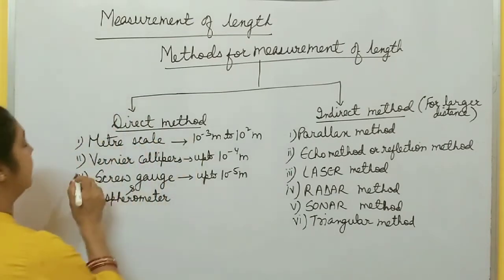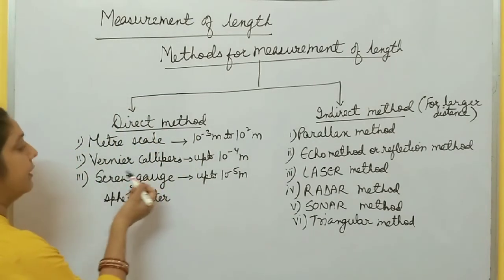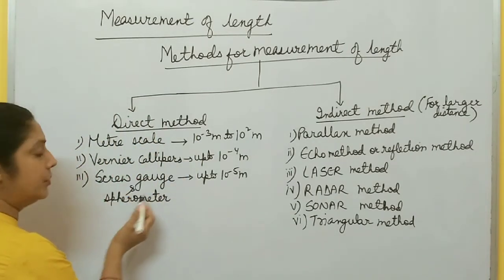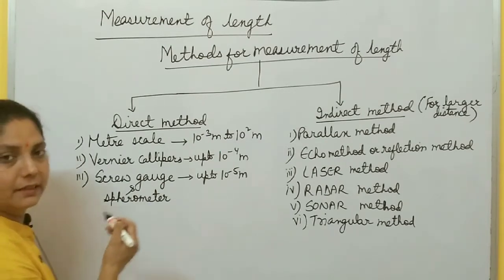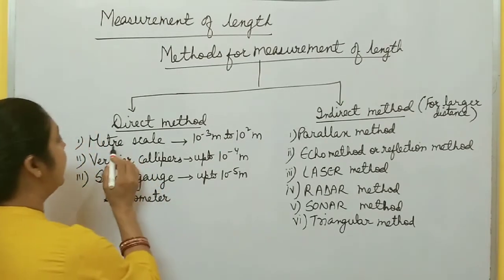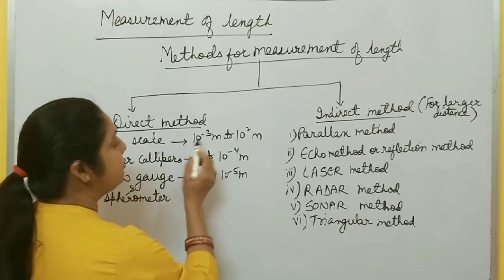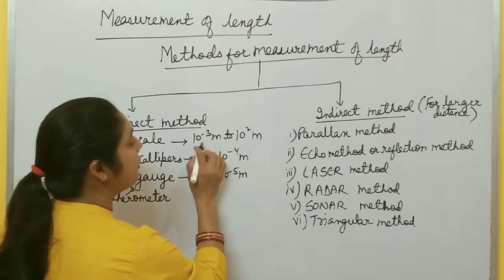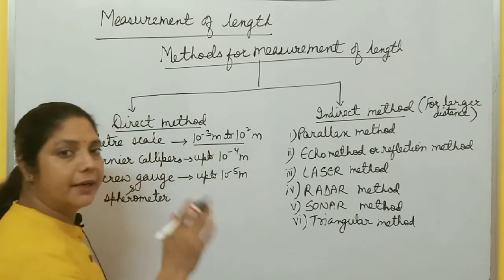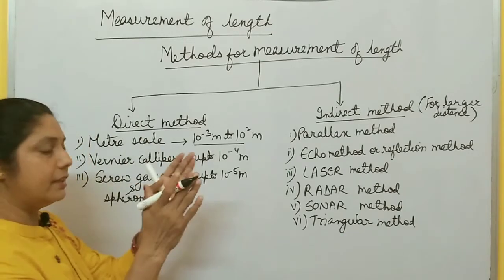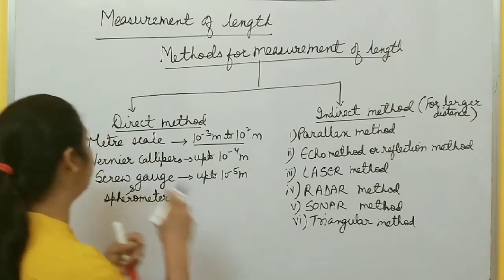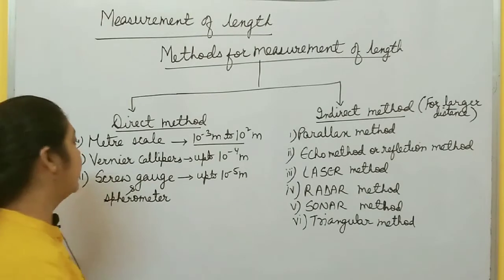In direct method, we can use meter scale, vernier calipers, screw gauge and spherometer to measure different distances. With the help of meter scale, you can measure the length between 10 to the power minus 3 meter to 10 to the power 2 meter. Between these lengths, you can easily measure with the help of meter scale, right?